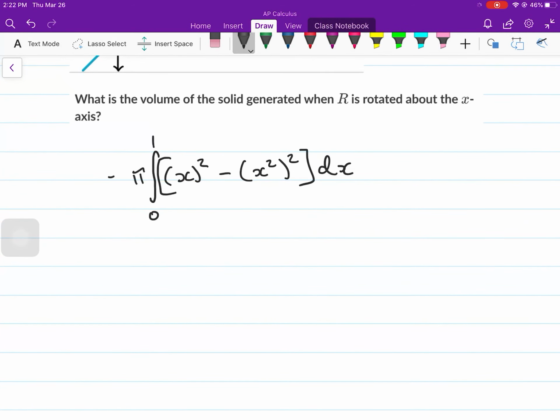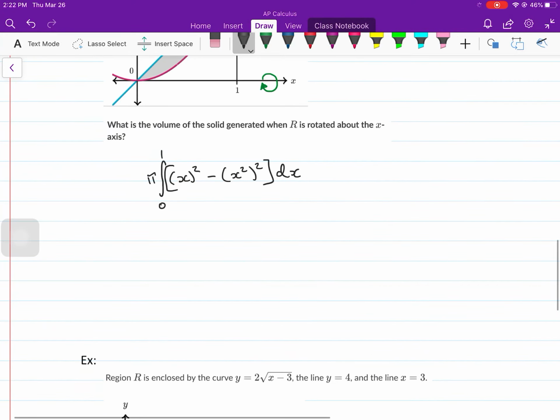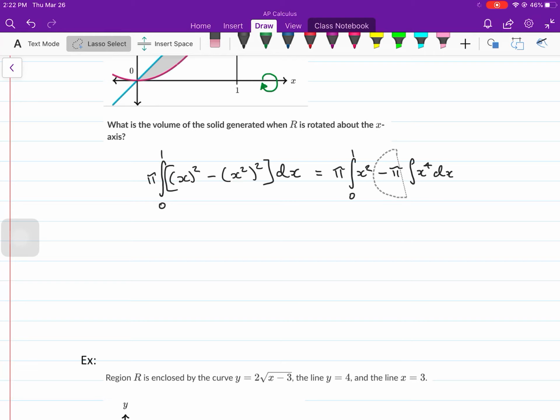It wants you to evaluate, so I'm just going to go ahead and take this a couple steps, and that's it. So this is going to equal pi times, I would split up the integral. I forgot my dx. I always seem to do that.